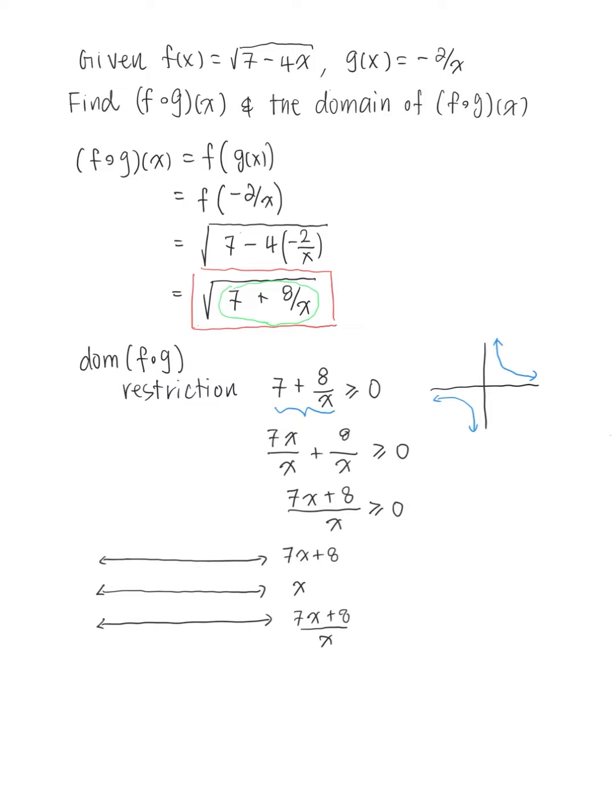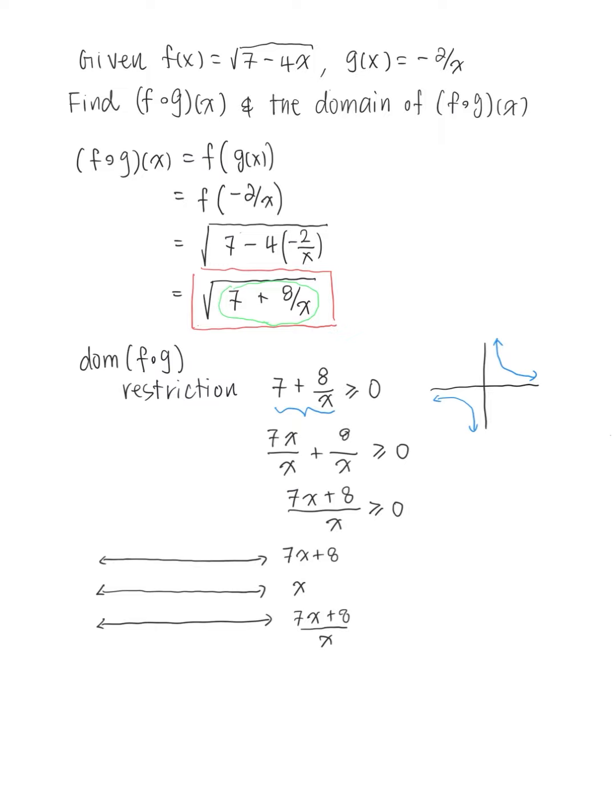Also keep in mind that this expression means you want this whole thing to be positive, but be careful, x cannot be 0. Okay, so here's what you need to do. First, find the 0 of 7x plus 8. Set this equal to 0 and solve for x.